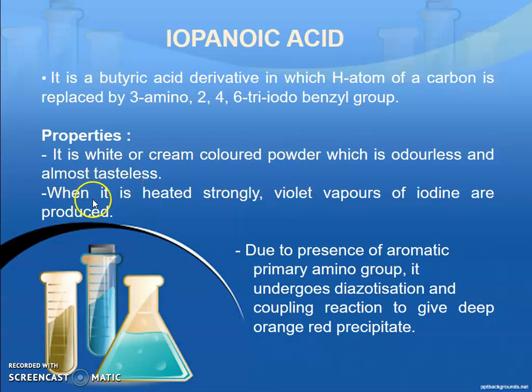Chemical property: when it is heated strongly, violet vapors of iodine are produced, and due to the presence of an aromatic amino group, it undergoes a diazotization reaction, and on coupling with alpha naphthol solution it gives a deep orange-red precipitate.